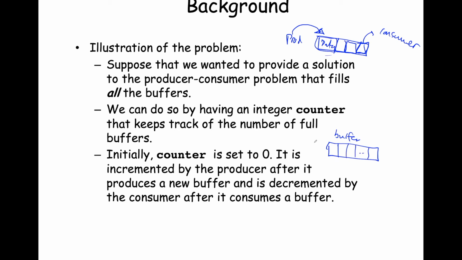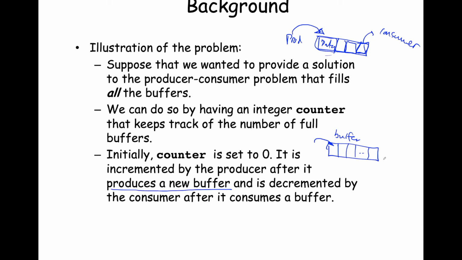All the slots are currently empty. And so when the producer produces one, the counter is going to increment, because now one of these slots is full. So initially the counter is set to 0. It's incremented by the producer each time it produces a new piece of data put in the buffer.